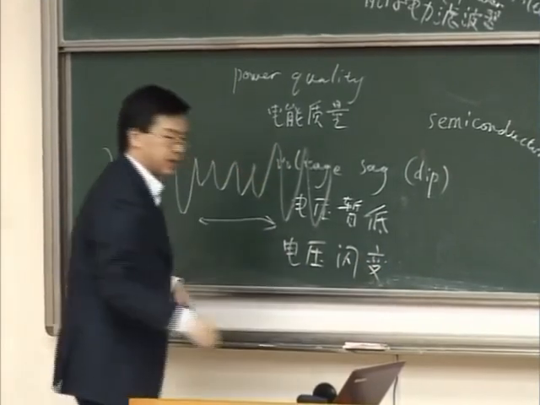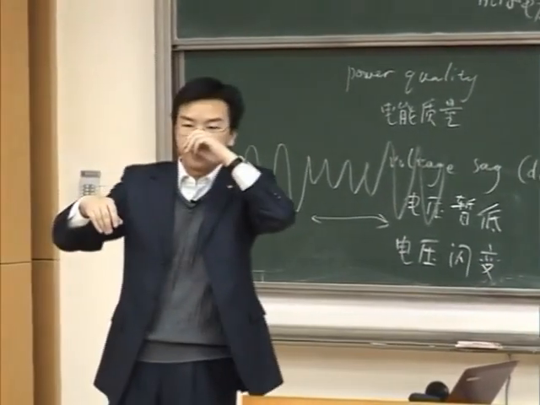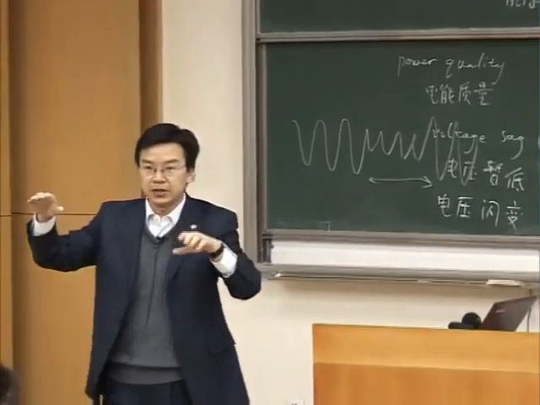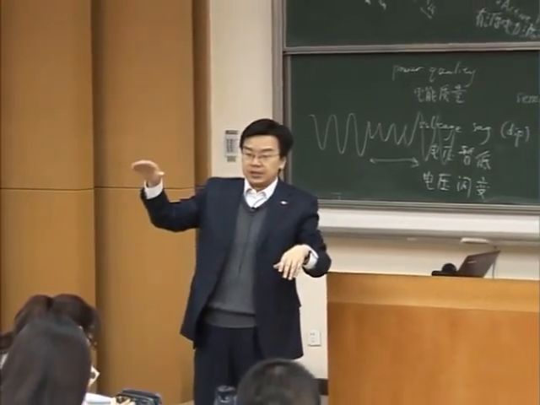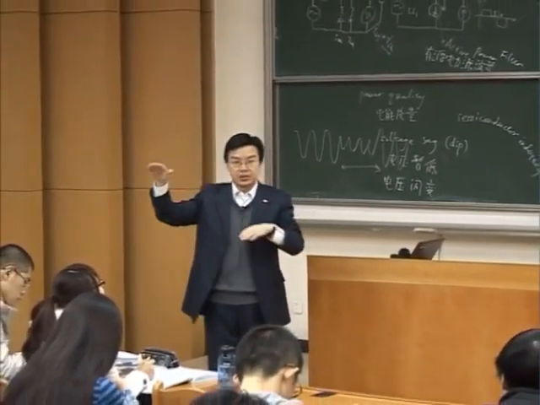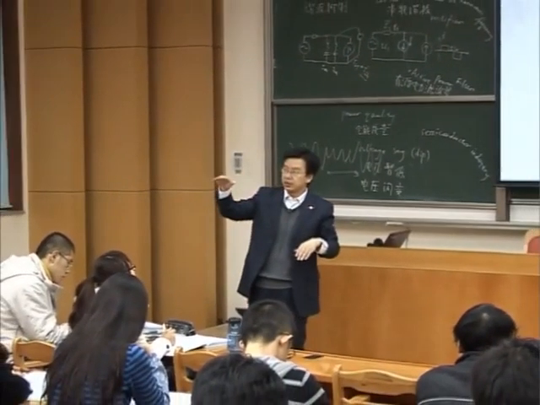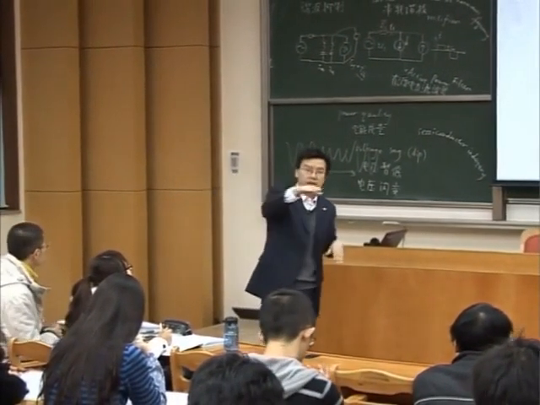Voltage flicker, in which the magnitude of the supply voltage is oscillating. The magnitude is sometimes low, sometimes higher, lower, higher.